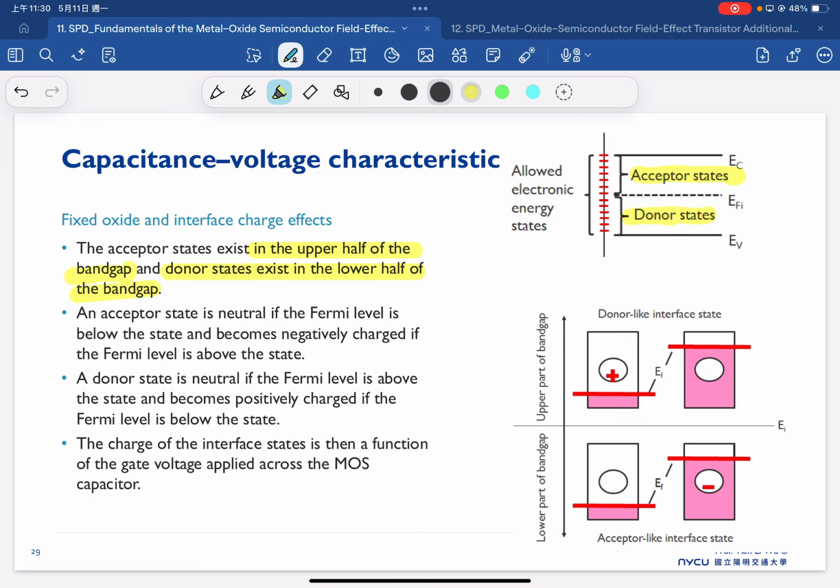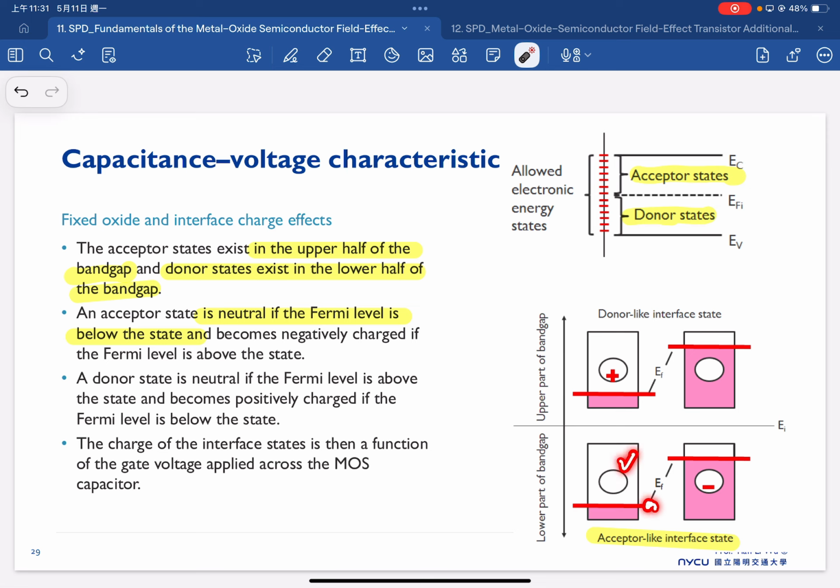So acceptor means that it's neutral if the Fermi level is below the state. This is the acceptor state. So when this is our state, the state is neutral if the Fermi level is below the state. This is our Fermi level, below our state.